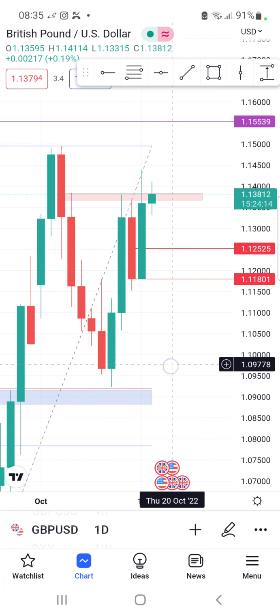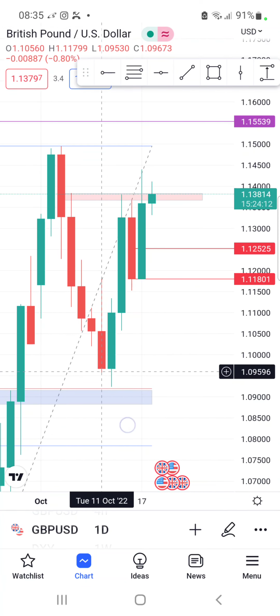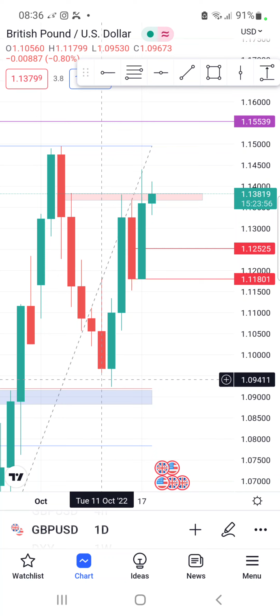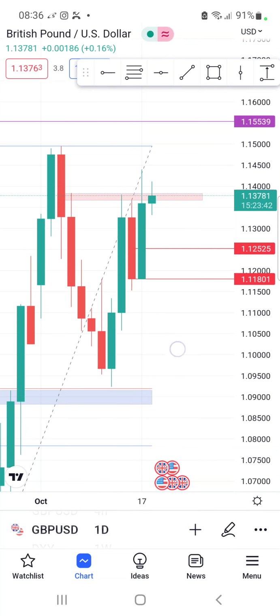You see when the lowest point of that week was formed. This is early Wednesday morning, the Wednesday London session. That is the latest time you expect price to form the low of the week in the opposite direction, right?